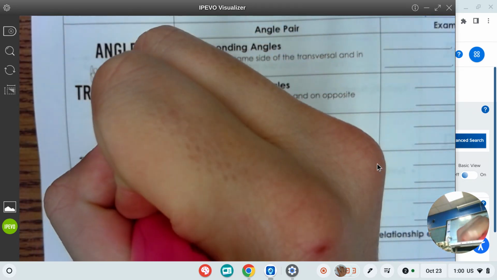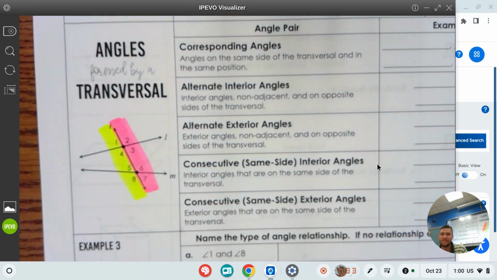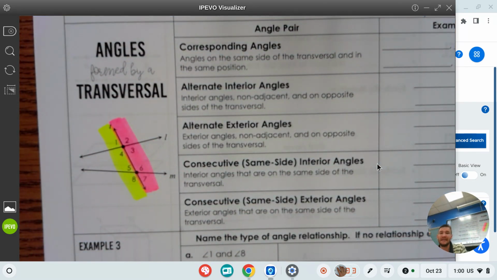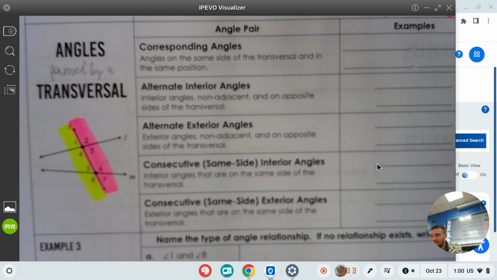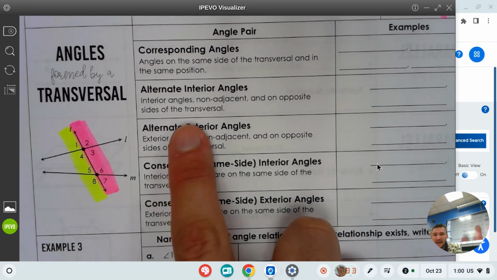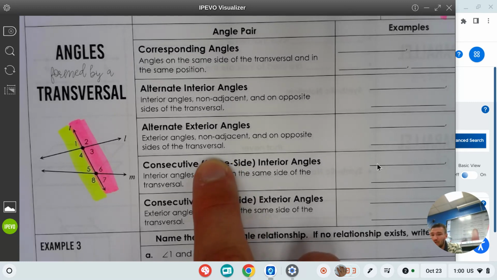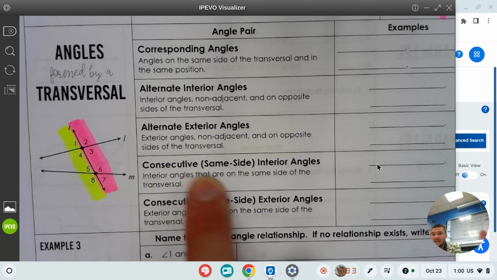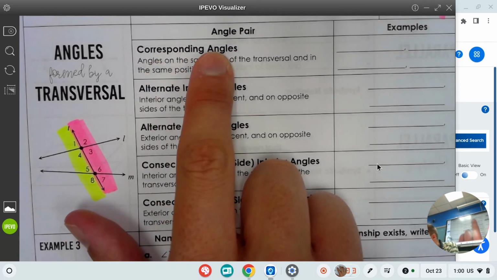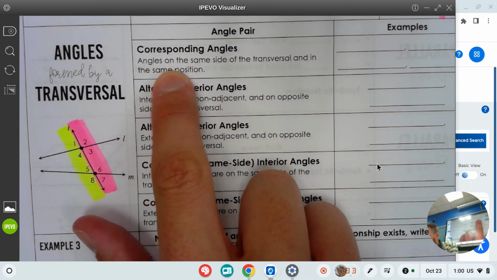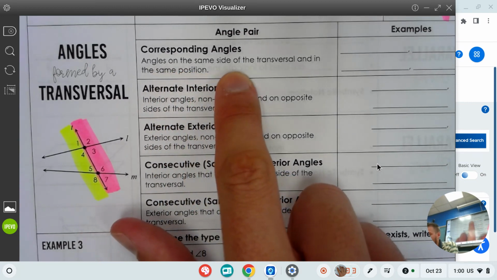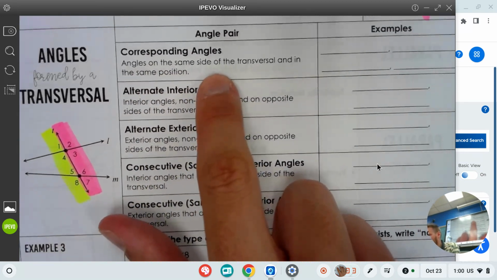All right, and this works great with a highlighter. We've got that yellow side and that pink side. And if you look at a lot of what's going on here, you can see that same side is going to be important. And alternates, this stuff's all going to be important. Okay? Corresponding angles are angles on the same side of the transversal and in the same position.